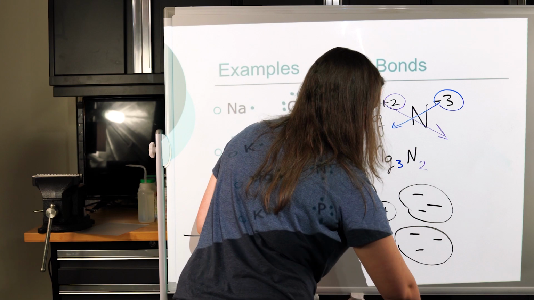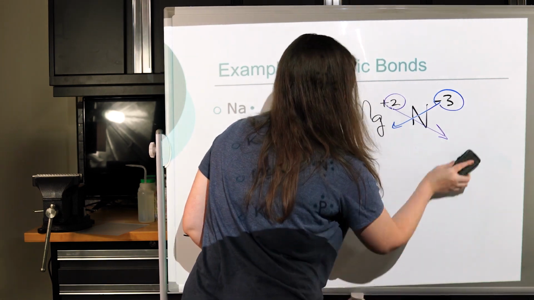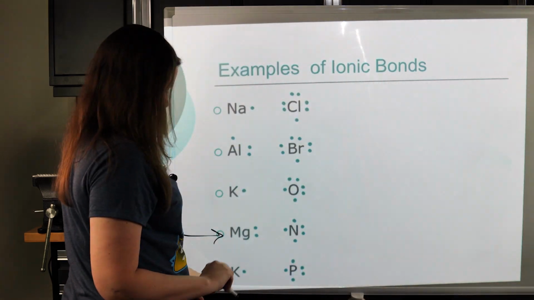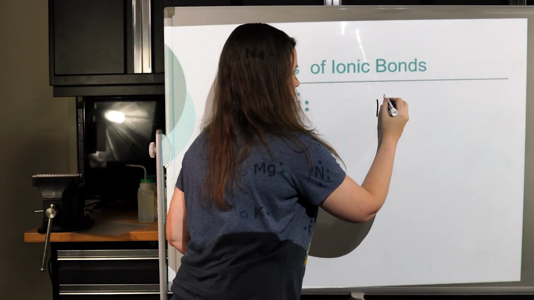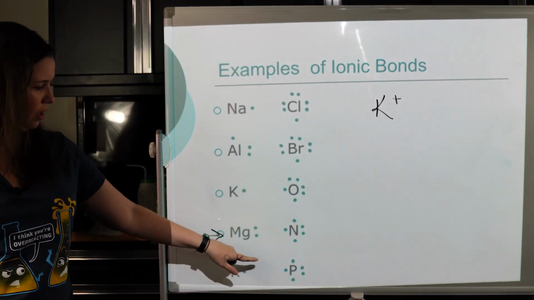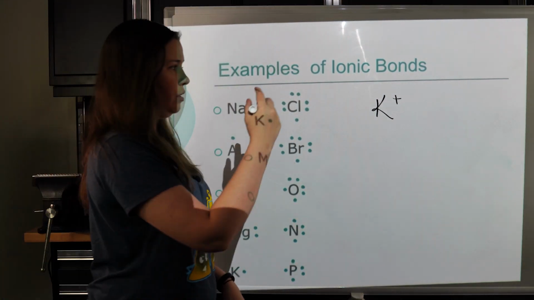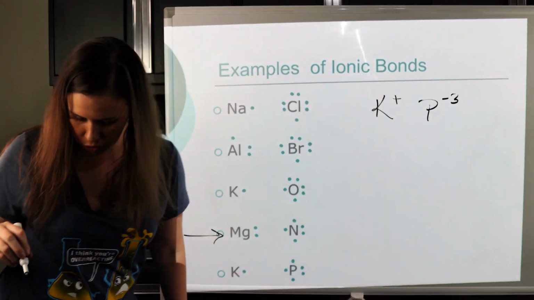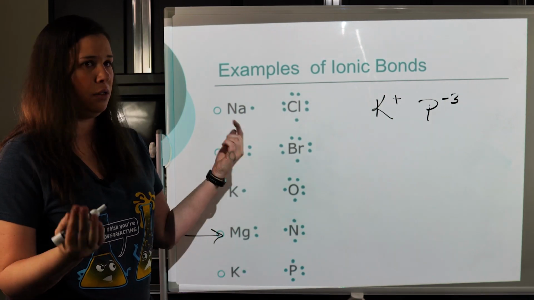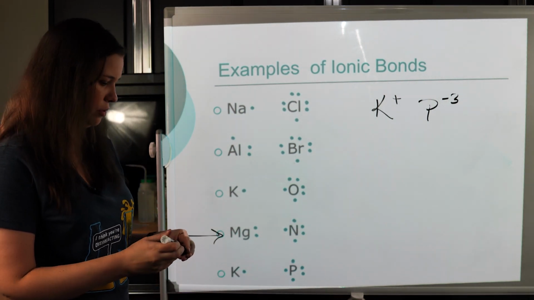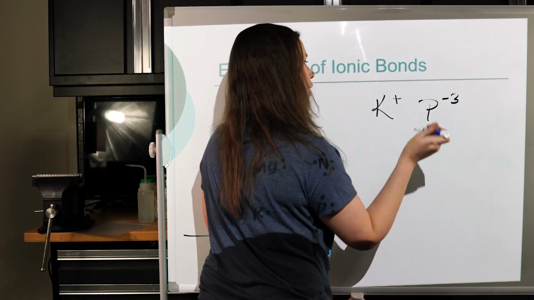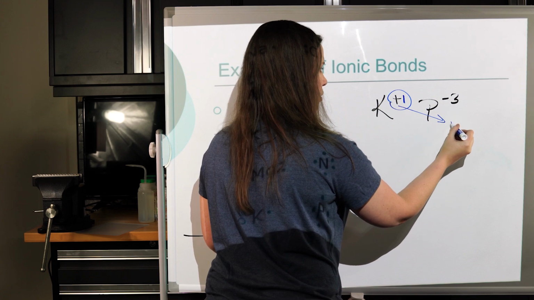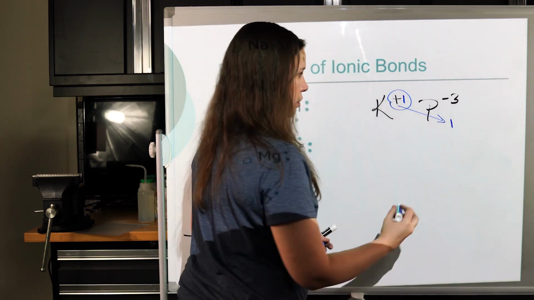So let's try the last one doing that way. We've got our potassium, which would have a +1 charge. And then we have our phosphorus, being in group 15, would have a -3 charge. So using the crisscross method, how many potassiums and how many phosphorus? So the plus is understood to be a 1, which would be my subscript for P. By the way, a subscript of 1 is also understood.